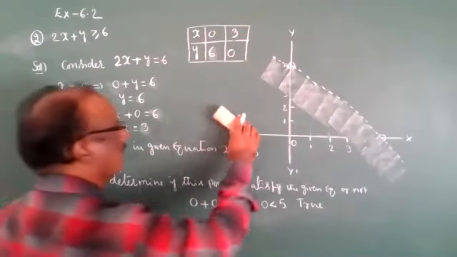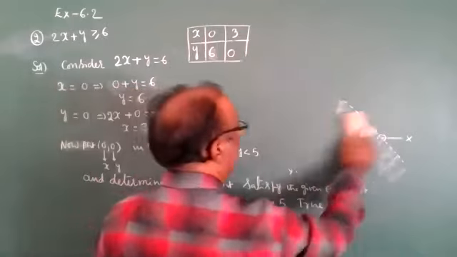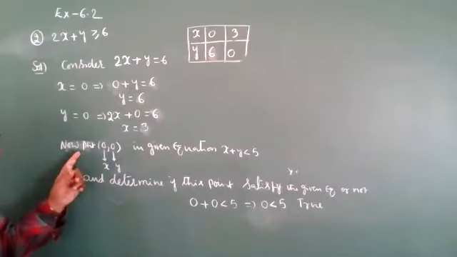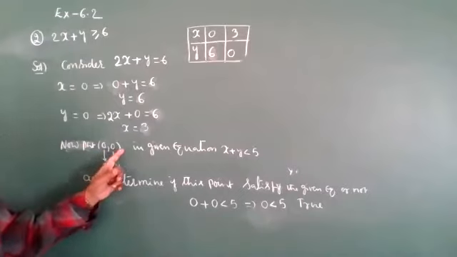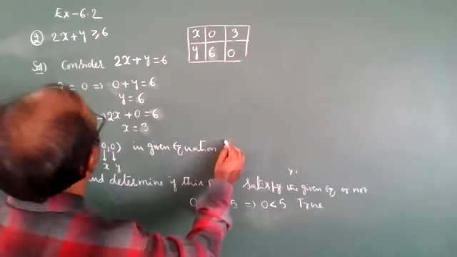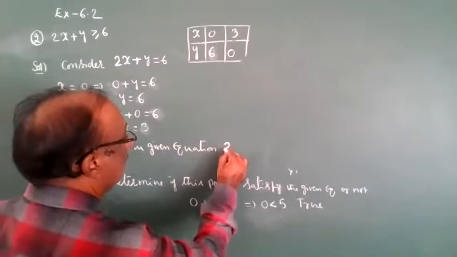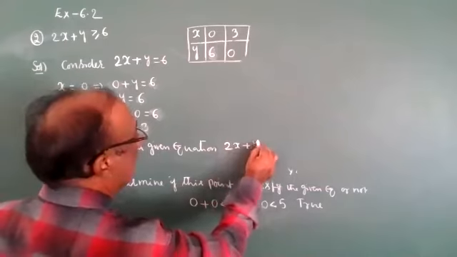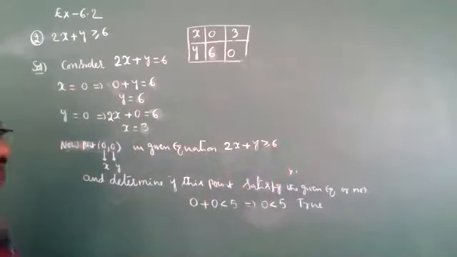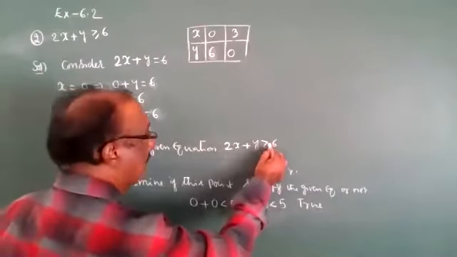Next, after that, everyone see. This step is common for everyone. Now put 0 0 in the given equation. What is the given equation? 2x plus y greater than or equal to 6.